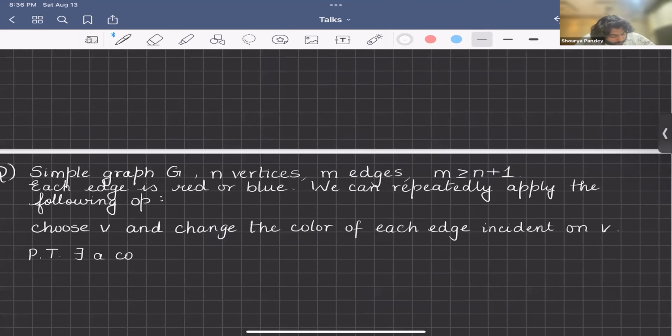Prove that there exists an initial coloring such that it is impossible to make all edges the same color.